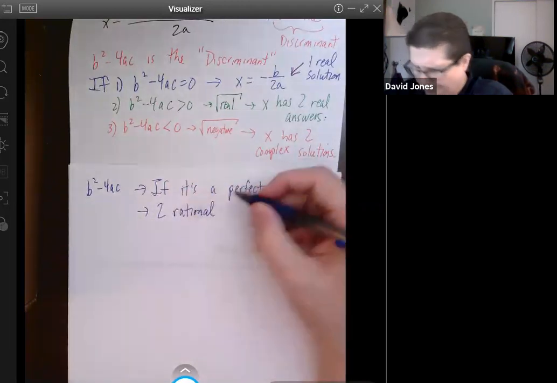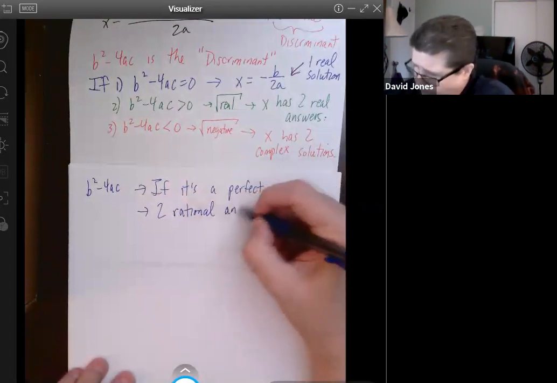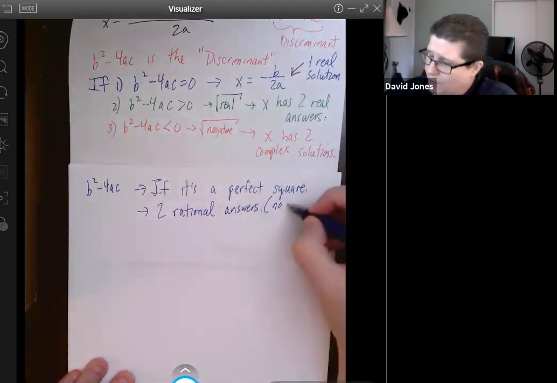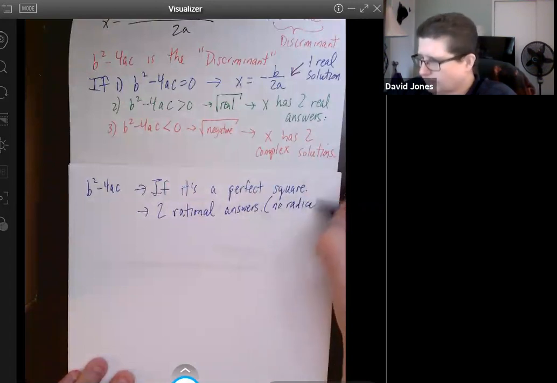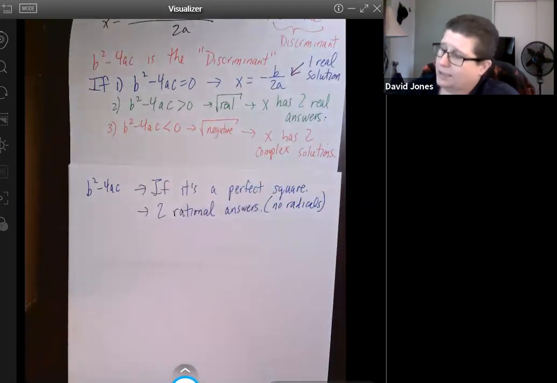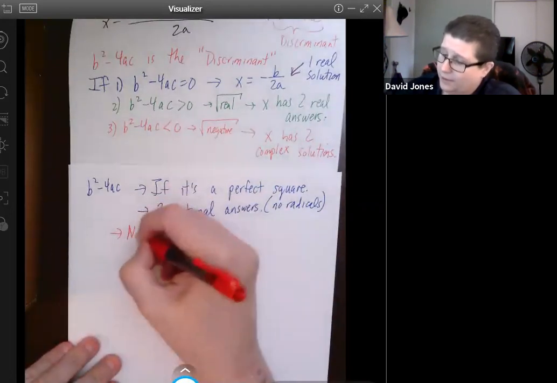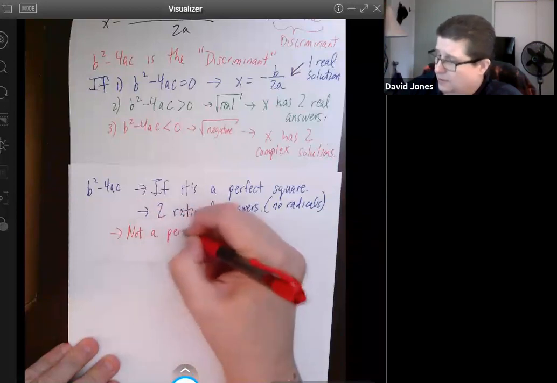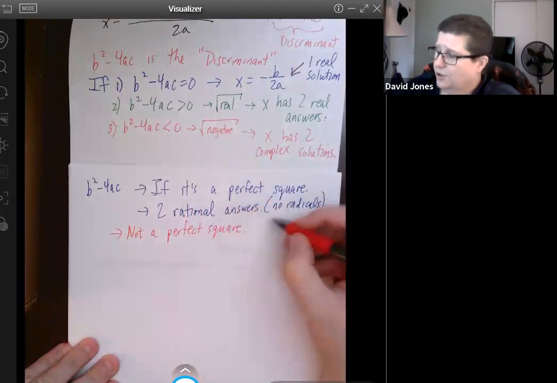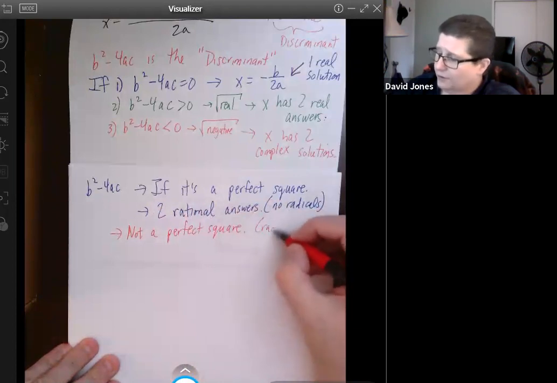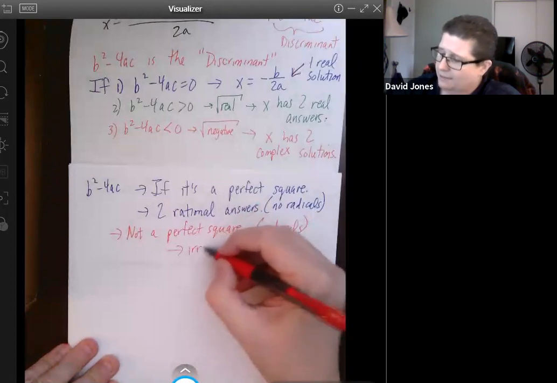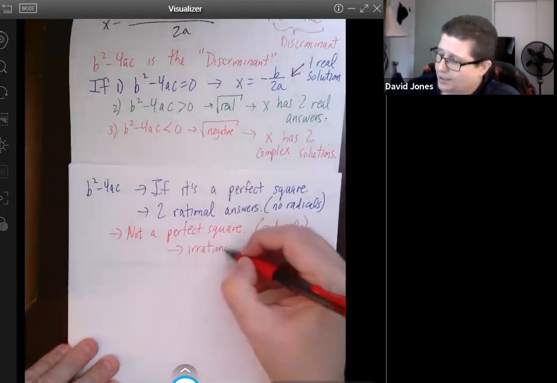Not necessarily positive, it could be negative. No radicals. Or if b squared minus 4ac is not a perfect square, you're going to have radicals left over because you can't get rid of them. It makes these irrational answers or solutions.